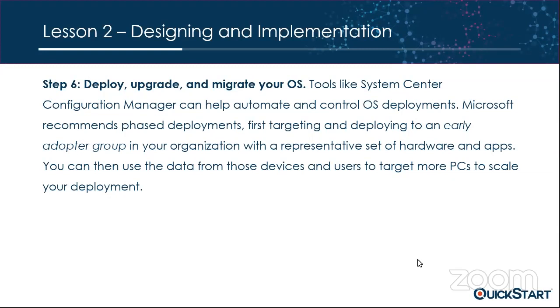So that's how you design your plan, that's how you plan your migration. You target the audience which are less critical, and you can easily move forward by testing the first audience. This is step number 6.